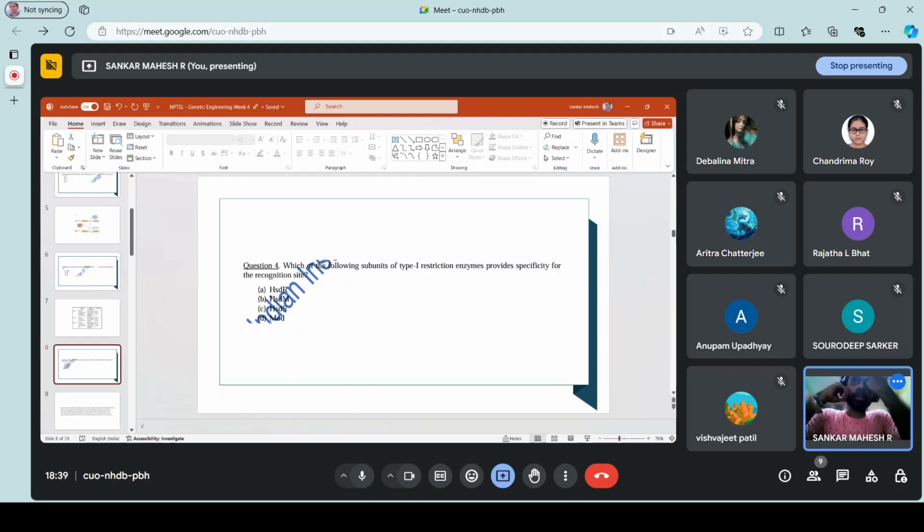Yeah, Vishwajit. Wrong or right option? You can talk about HSDM. Sir, it modifies a DNA sequence. So here, by modification, can we be more specific?